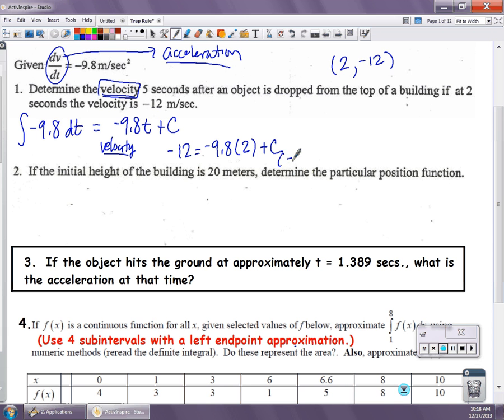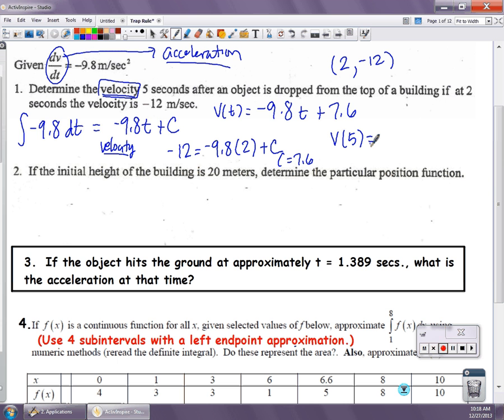If you calculate that, c is equal to 7.6. So the particular velocity function is negative 9.8 t plus 7.6. And then I want to evaluate that at 5 seconds.